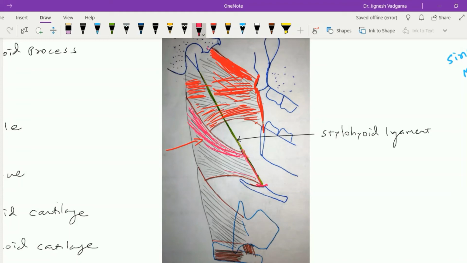And the lower fibers pass downward. These fibers are overlapped by the inferior constrictor muscle and insert on the median fibrous raphe. This middle constrictor muscle is a fan-shaped muscle.